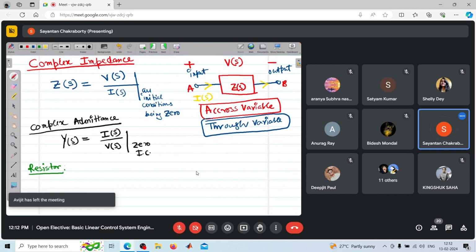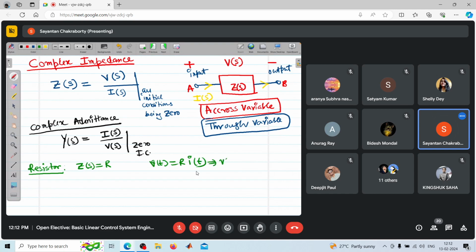Now, with this in mind, for a resistor, what will be Z(s)? R, because we know v(t) is equal to R i(t), so it will be simply R. Now for a capacitor, what will be Z(s)?